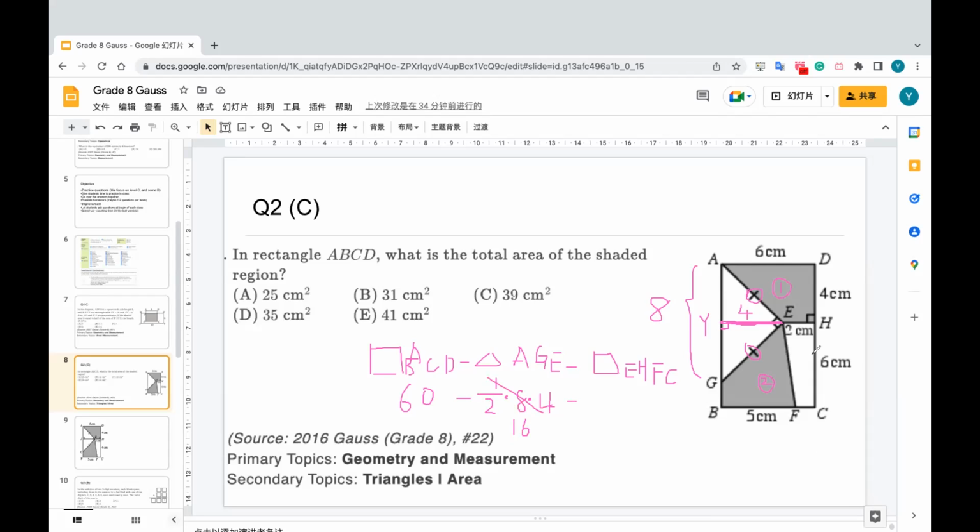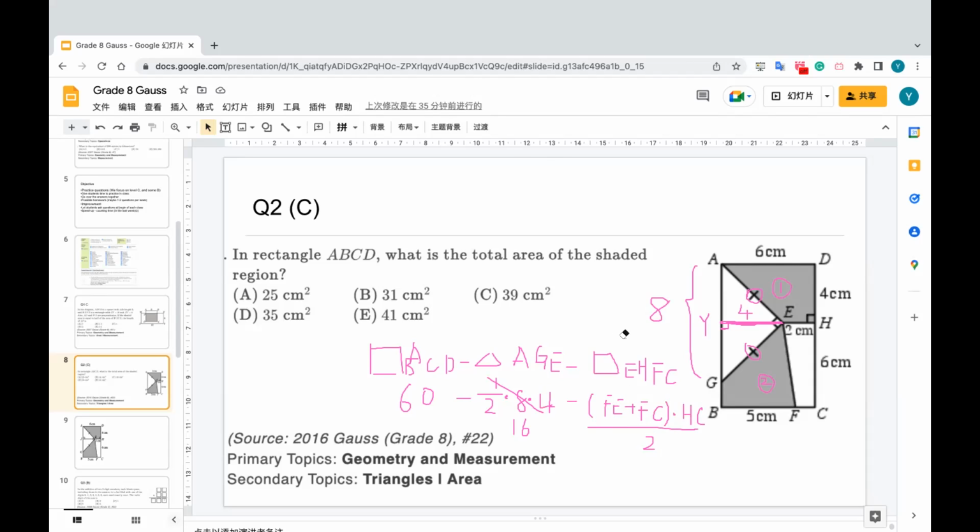The final part will be the trapezoid EHFC. I'm not sure whether you learned the equation for the area of a trapezoid. It could be the two bases, FE plus EH, times height, which is HC, divided by 2. Oh, sorry, not FE, my bad.